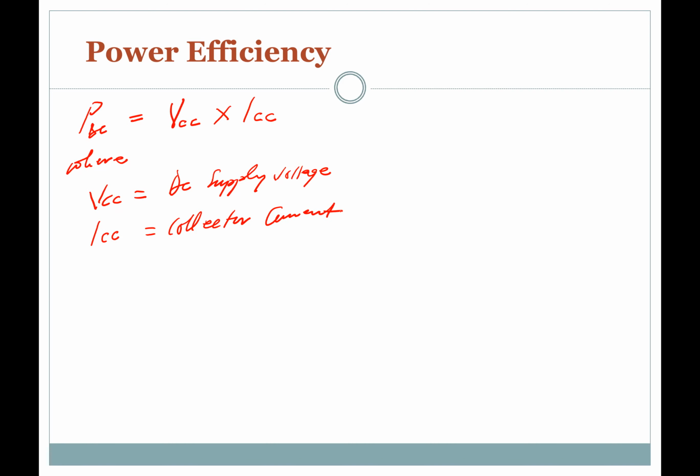Mind you, we are still dealing with amplifiers, so transistors are still of much importance here.